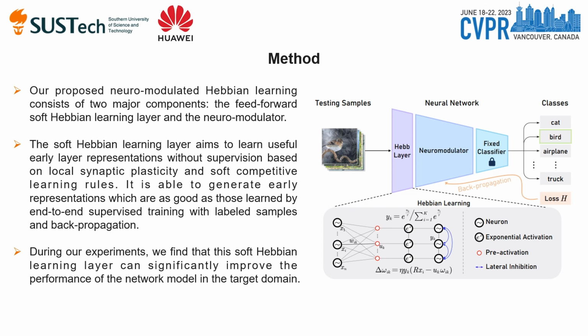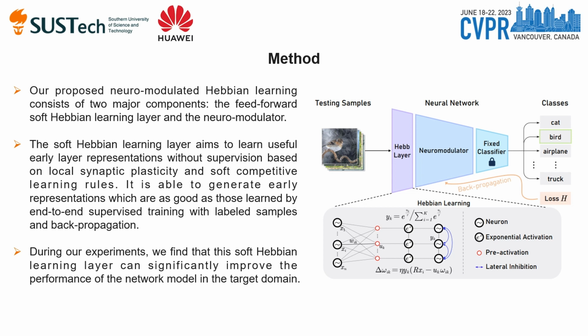During our experiments, we find that this soft Hebbian learning layer can significantly improve the performance of the network model in the target domain. However, we recognize that feed-forward Hebbian learning alone is not able to achieve competitive performance as the current state-of-the-art methods for fully test-time adaptation.